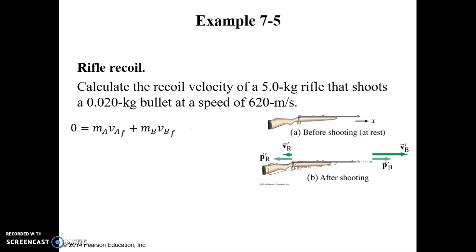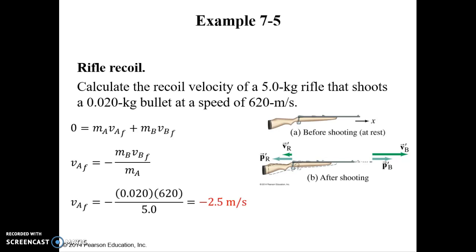So our equation reduces. Solve for the final velocity of the rifle. Plug and chug, and we get negative 2.5 meters per second. Notice the negative sign. This means that the rifle is recoiling backwards.